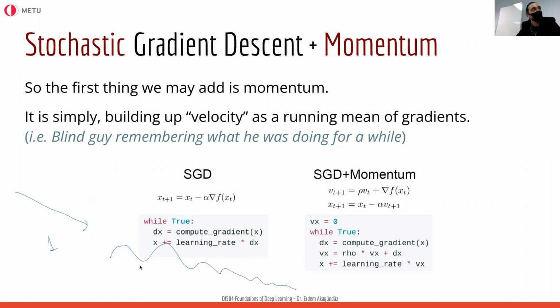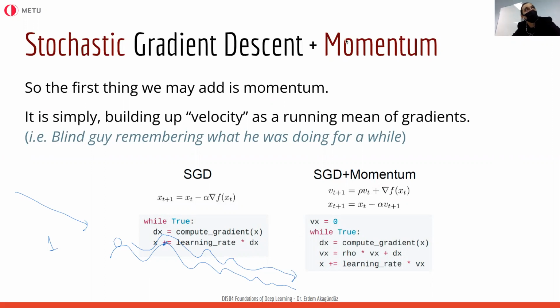There is a common slope, but the blind guy will stop here. But if the blind guy feels a momentum, just like a rolling ball coming over here and rolling with its momentum, it can continue that trend, I would call it.